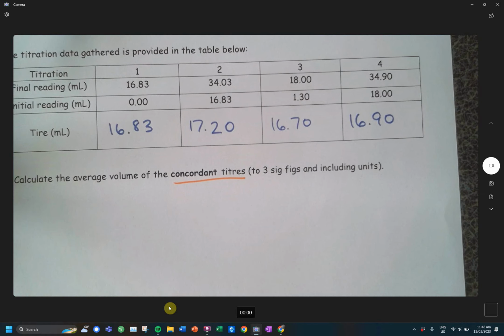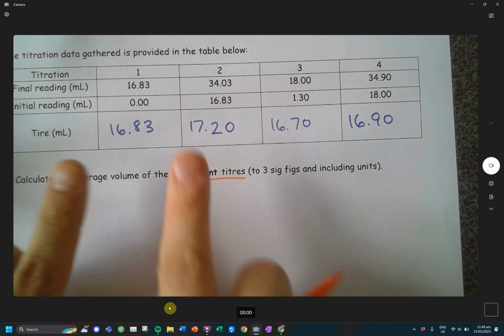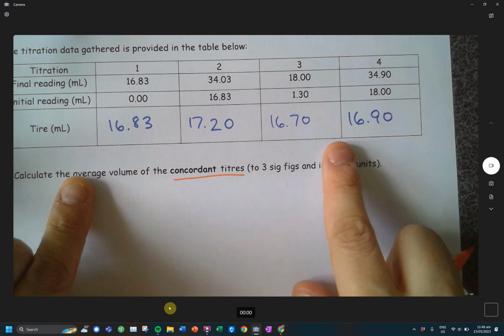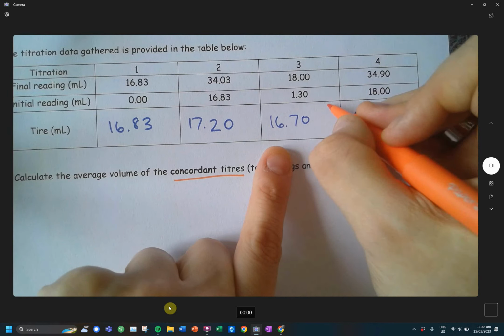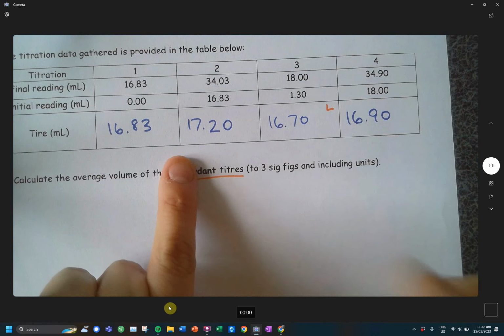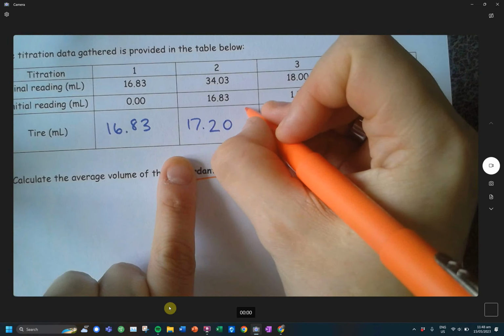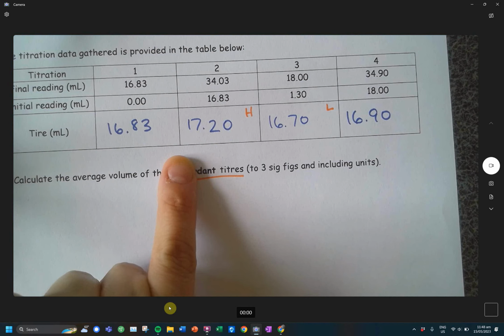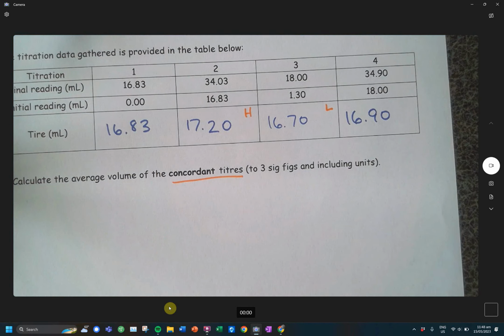So what I'm looking for first is I'm going to look for my lowest value and my highest value just to see, do I need to eliminate any data? So looking at this is my lowest number. And then this 17.2, that's my highest value. Are you okay with that so far?